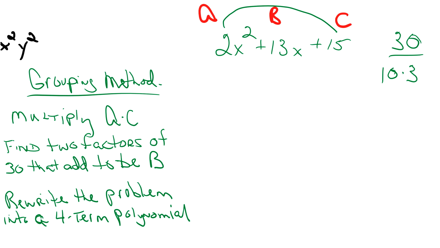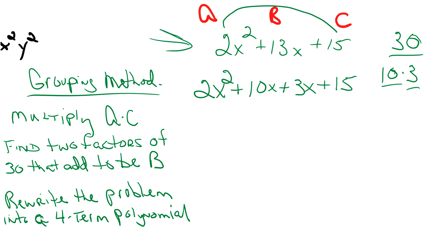Copy 2x squared plus, then I'm going to rebuild this 13x by using the 10 and the 3. So my first write in here for the x variable would be 10x plus 3x plus 15. And now I've written this trinomial into a 4-term polynomial that I'm going to factor.